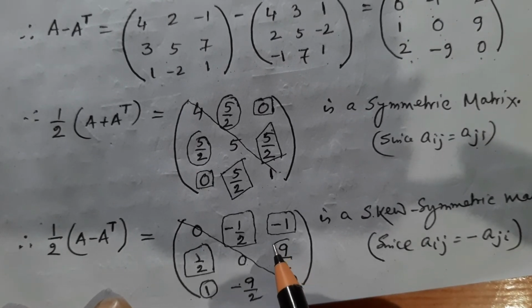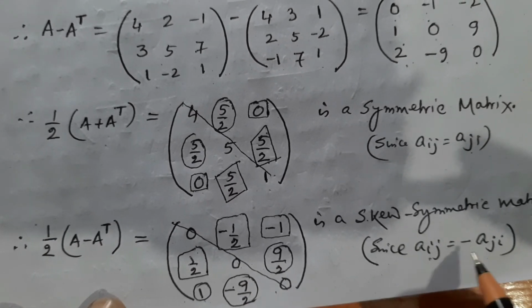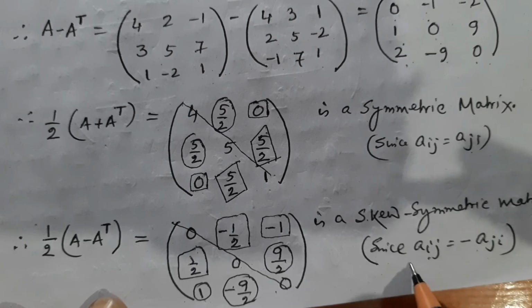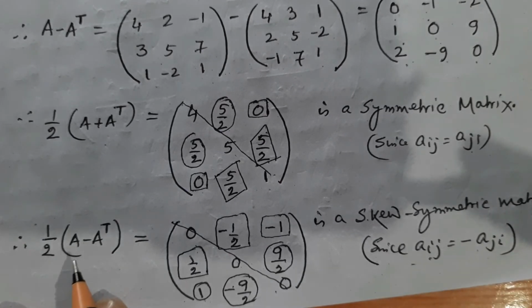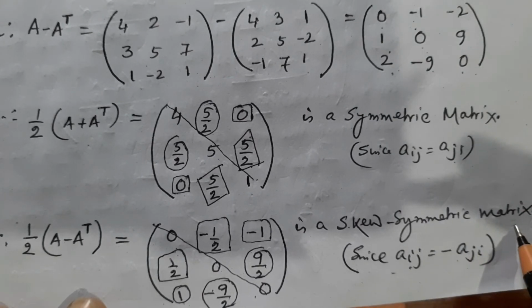A23 is equal to 9 by 2, and A32 is equal to minus 9 by 2. So this condition, Aij equals minus Aji, is satisfied. Therefore we can say half of (A minus A transpose) is a skew symmetric matrix.